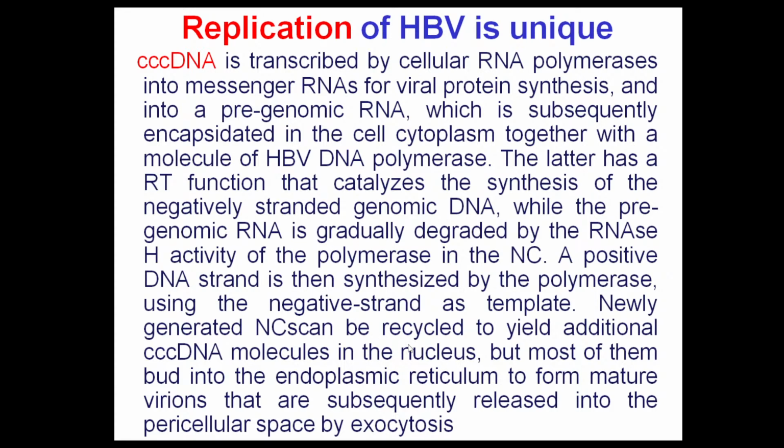But newly generated nucleocapsids can be recycled to yield additional CCC DNA molecules in the nucleus, but most of them bud into the endoplasmic reticulum to form mature virions that are subsequently released into the pericellular space by exocytosis.